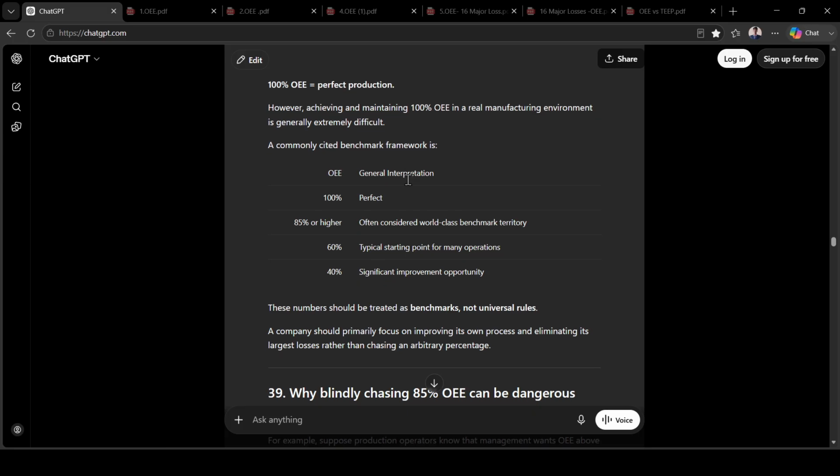These numbers should be treated as benchmarks, not universal rules.